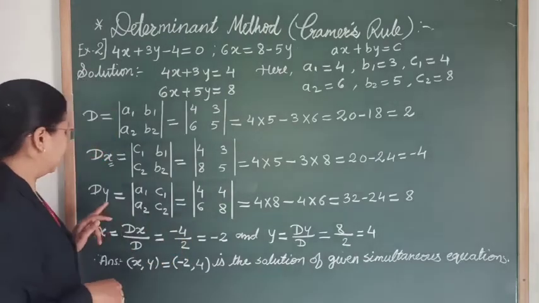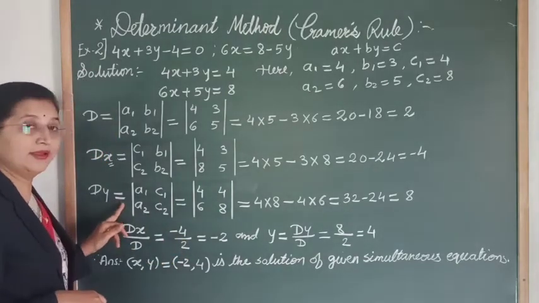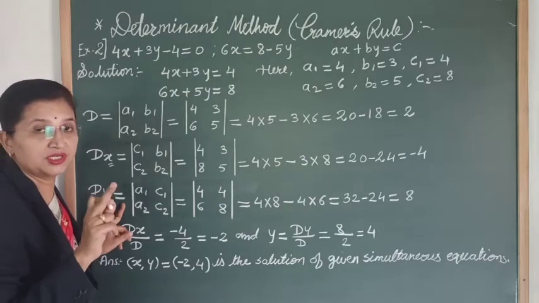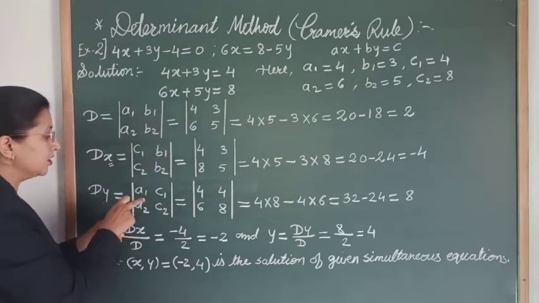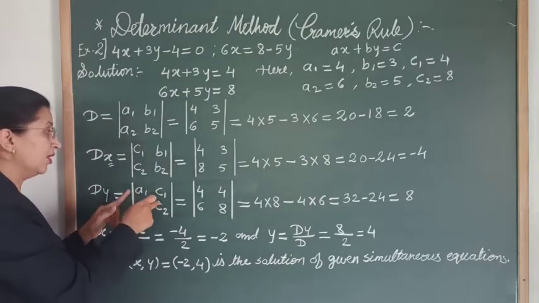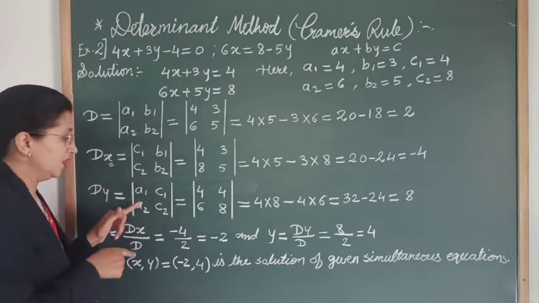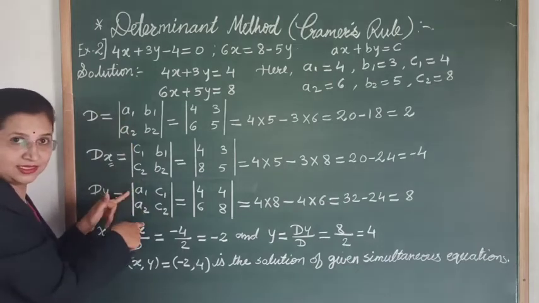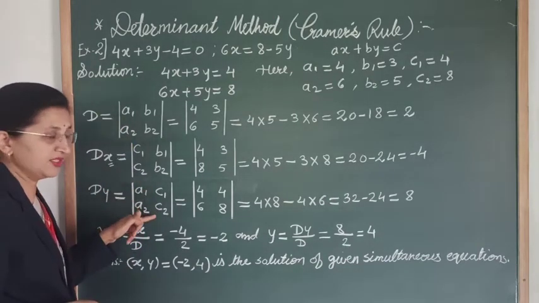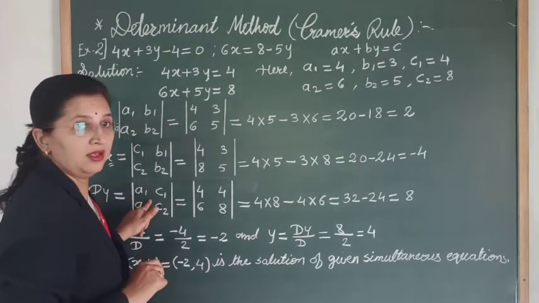Now let's find out dy. So to get dy, here we will not write the coefficients of y. Okay, so that is b1, b2. So b1, b2 will be replaced by c1, c2. So a1, a2 will be as they are in the first column and c1, c2 will be in the second column. Let's put the values.